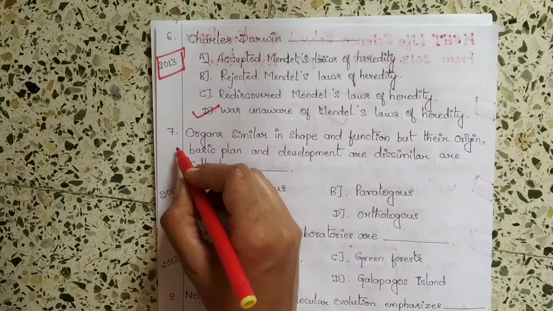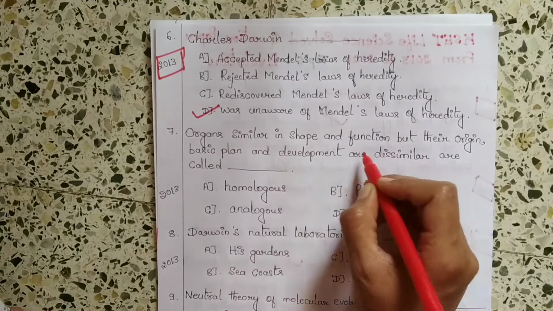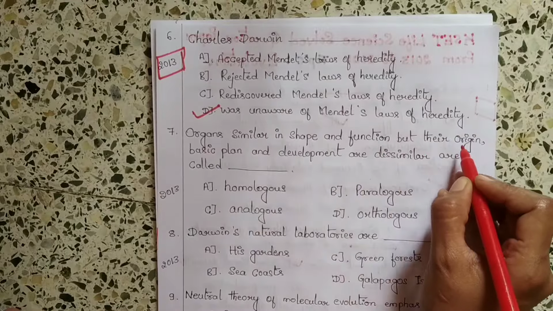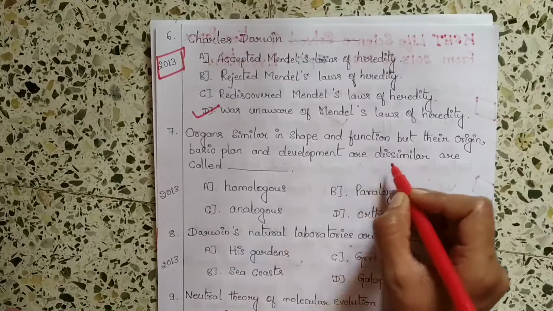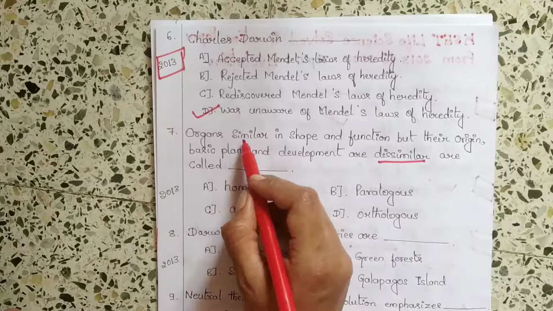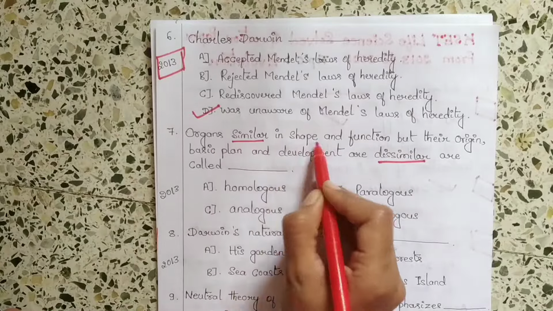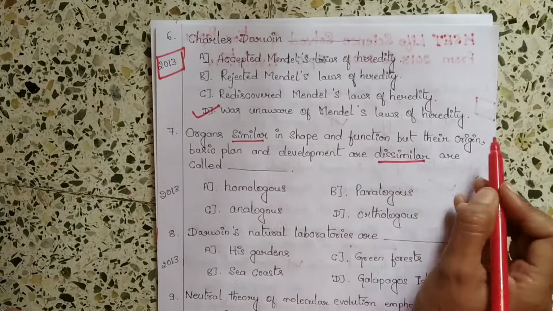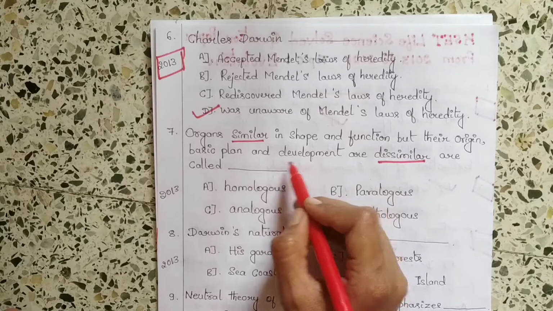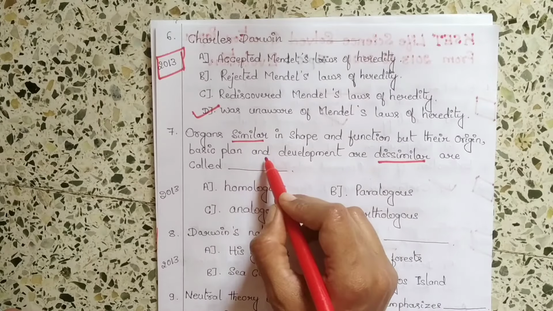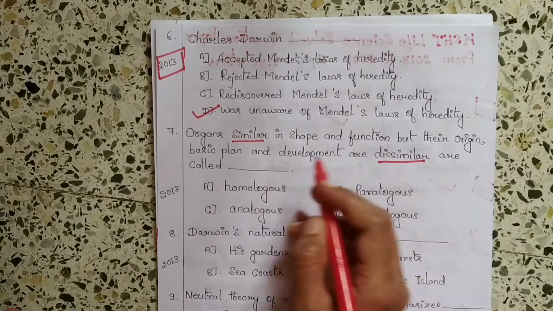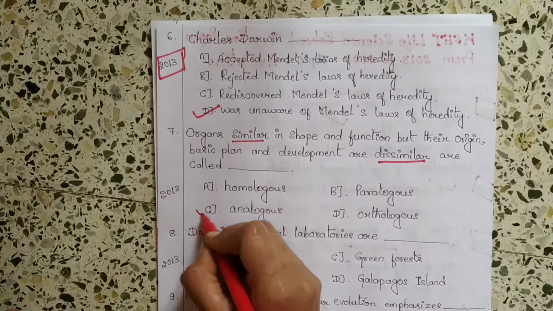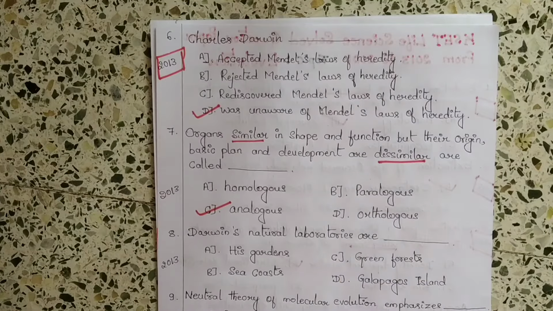The seventh one: organs similar in shape and function but their origin, basic plan and development are dissimilar are called. The answer for this is analogous. Those are called analogous organs.